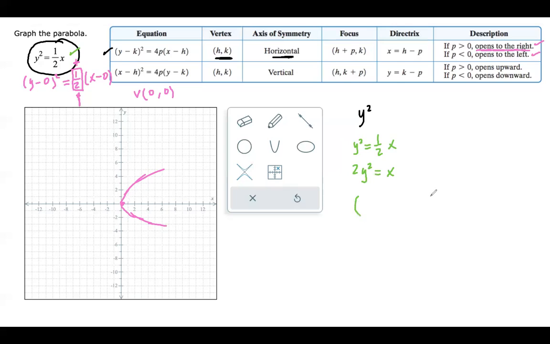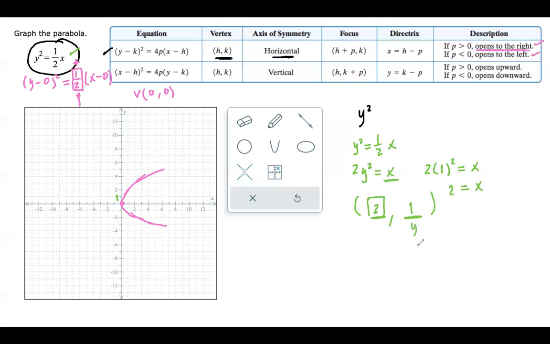Now we're going to do the opposite. Because I have solved for x, I'm going to look for an x value based on a y value. Let's say that I use 1 as my y value. I want to see what happens to x when y is 1. If I substitute y in this equation, it's going to be 2 times 1 squared is equal to x. So I'm going to get that x becomes 2 whenever y is 1.